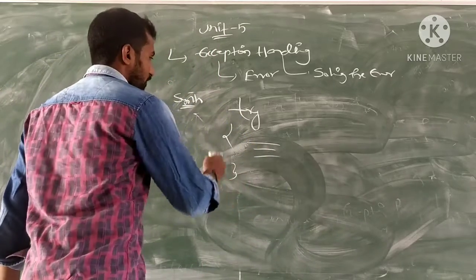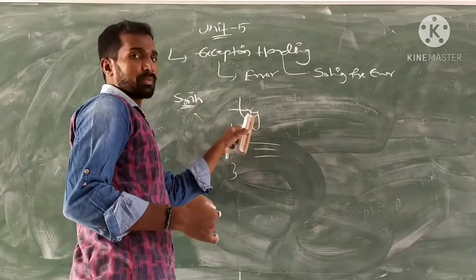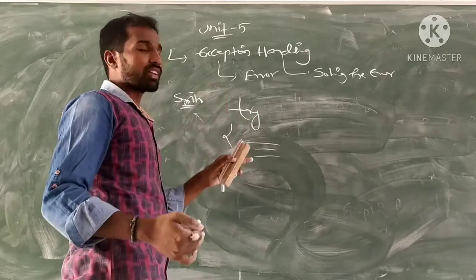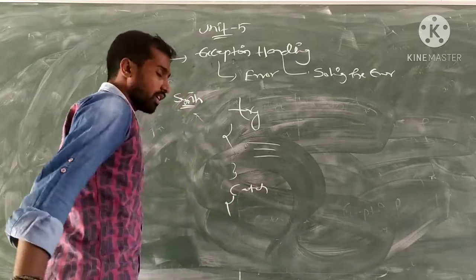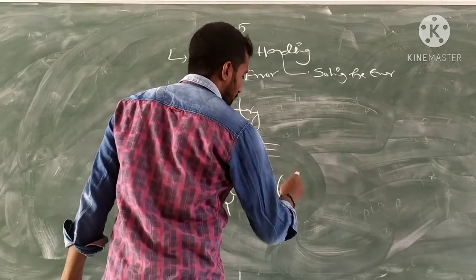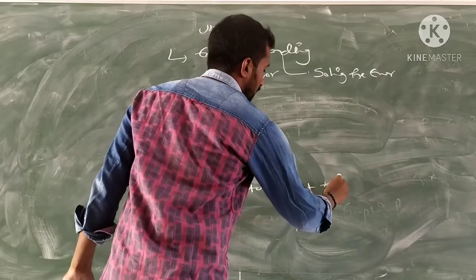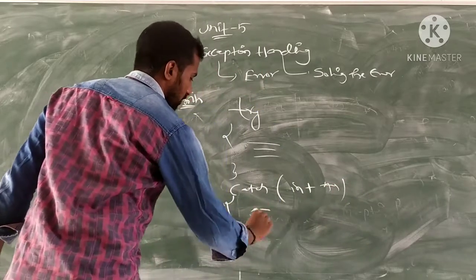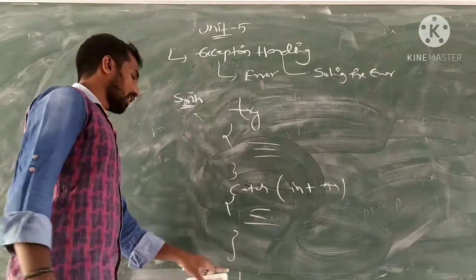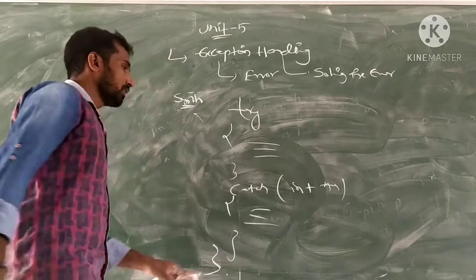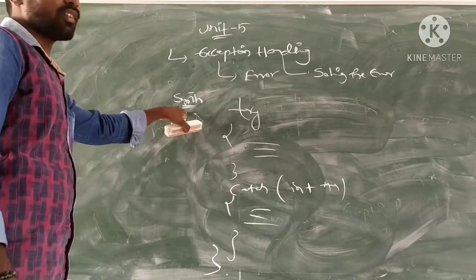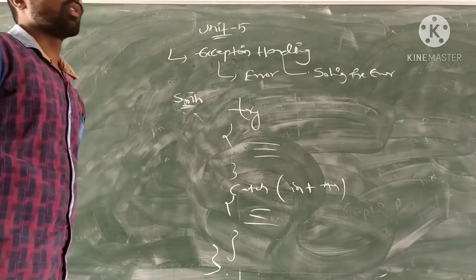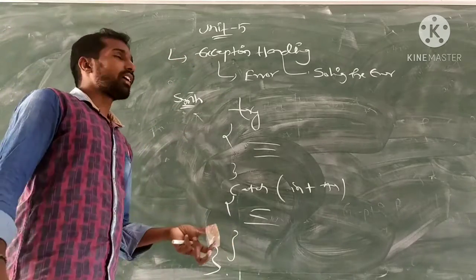Exactly after the try, we write the catch keyword with some arguments and exception elements, and close the braces. This is the basic syntax of exception handling using the three keywords: try, catch and throw.